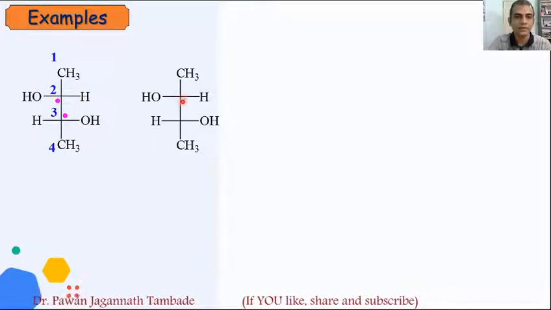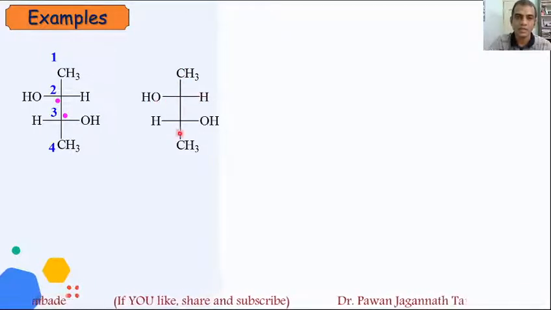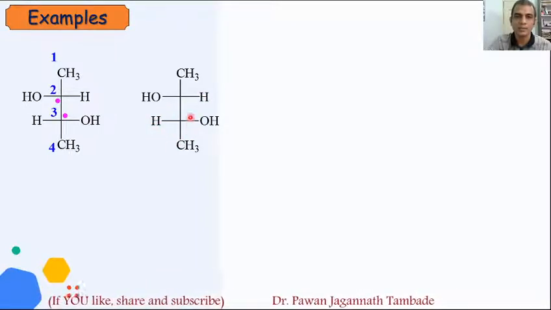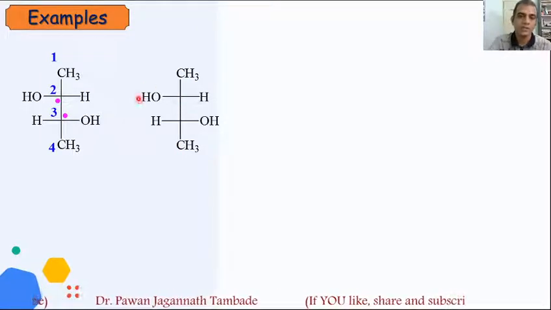For that, first of all, look at this carbon number 2. This carbon number 2 is attached to CH3, OH, hydrogen and this group. So when we assign priority to carbon number 2, then OH will get first priority.